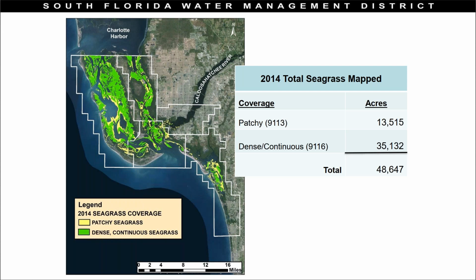There were 317 field verification points, and a half-acre minimum mapping unit. And the change analysis was done between 2008 and 2014.